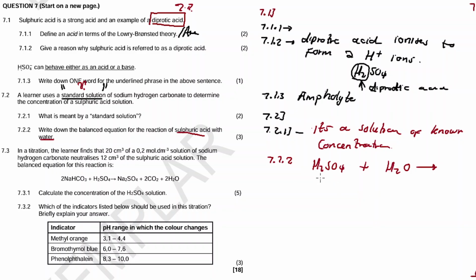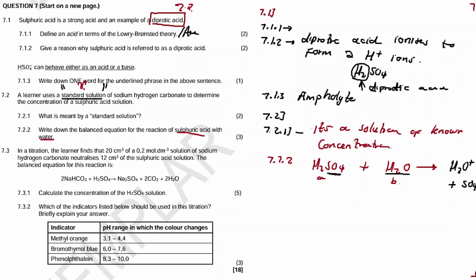Okay, so this is the acid, this is the base. So the acid does what in a reaction? It donates a proton. In fact, this sulfuric acid is diprotic, meaning that it donates two protons. So this is what's going to happen. One water molecule will catch hydrogen, and we want to form H3O+ plus SO4.